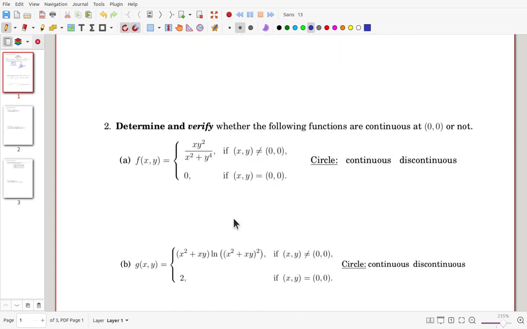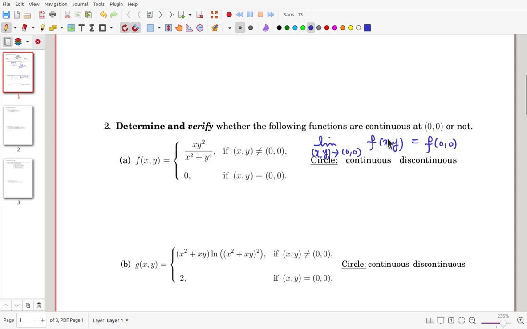Number 2, determine and verify whether the following functions are continuous at 0, 0 or not. To show if the function is continuous at a point, you have to prove that the limit as x, y approaches 0, 0 of f of x, y equals f of 0, 0.